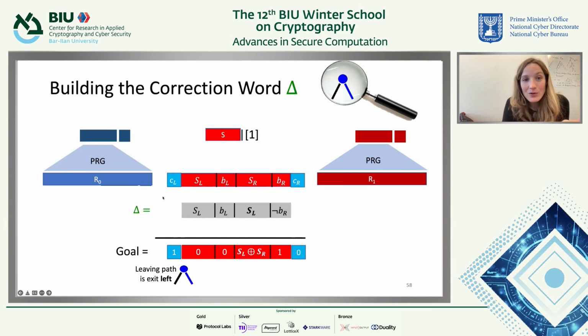Okay, now, this is a familiar setting. I have something that we're really secret sharing. This is just induced by whatever the PRG expansions give me. This is the goal of what I want us to be secret sharing. And as before, I can choose these pieces of the correction word to exactly enforce that change.